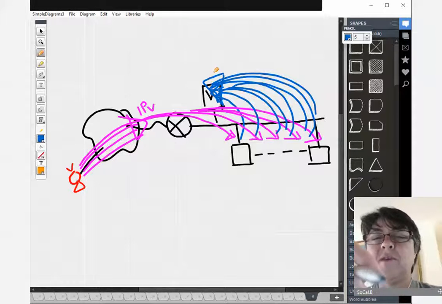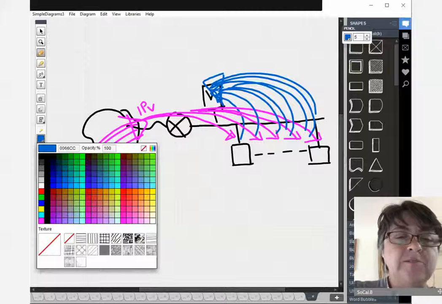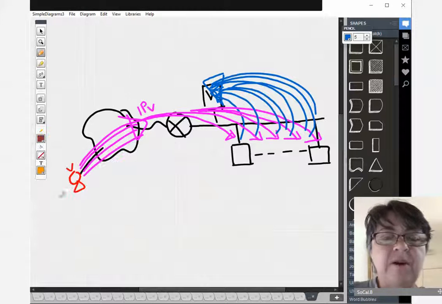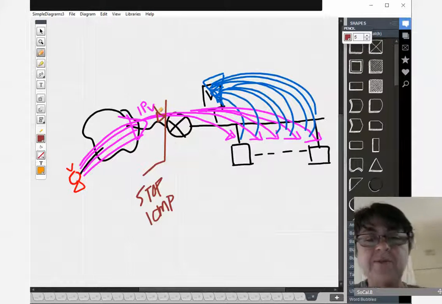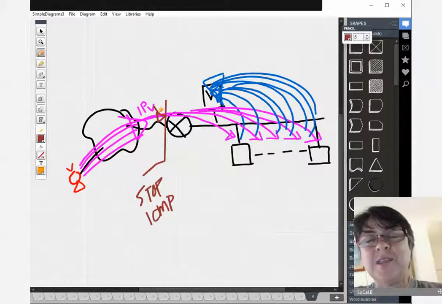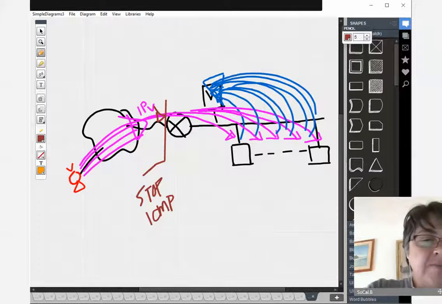Then you have a party pooper like Terry that says, well, I'm not going to let ICMP go through my firewall. So maybe this stops the ICMP, and everything stops right there. But then of course it's always a cat and mouse game.